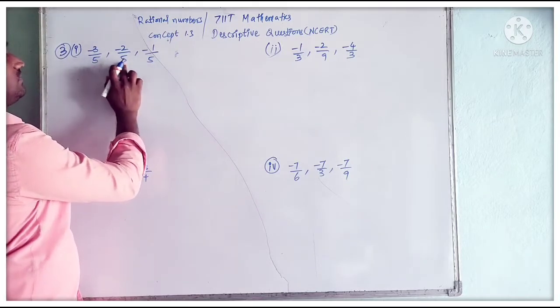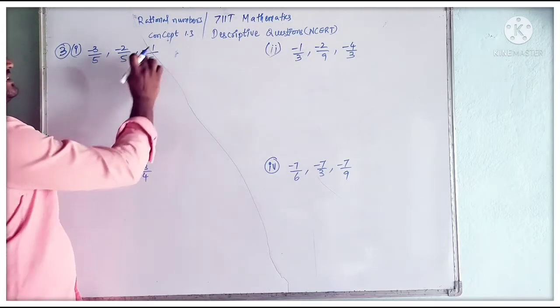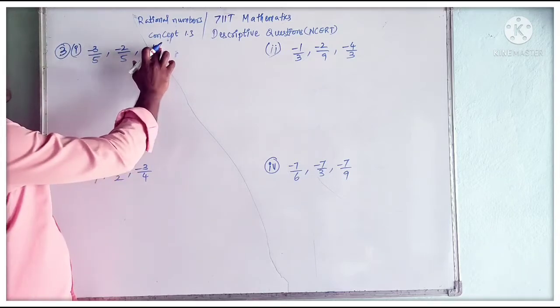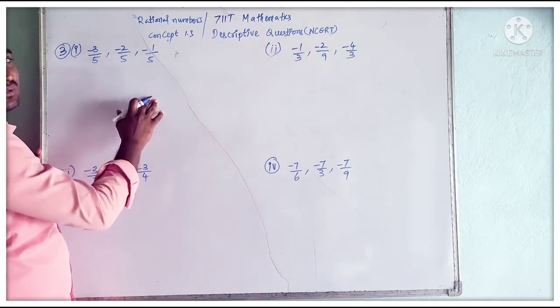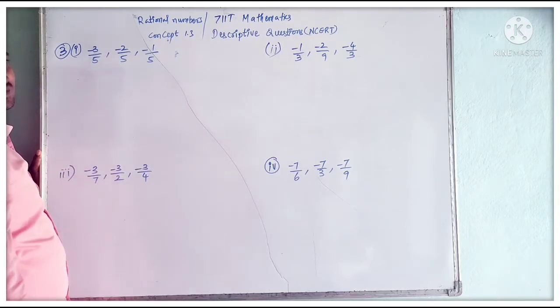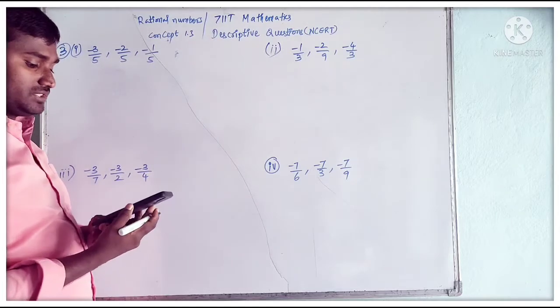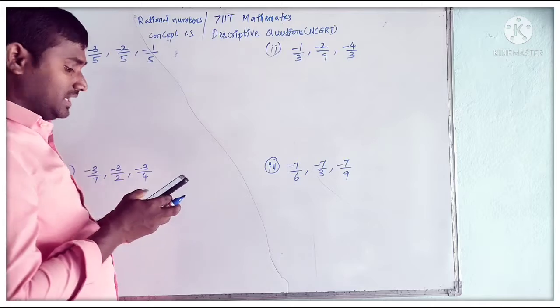See here, 5, 5, 5, all denominators are same. In the numerator, is minus 1 greater, or minus 2, or minus 3? Minus 1 is the greater integer. So minus 1 by 5 becomes the greatest rational number. Now in which order do they ask us to write? Ascending order.